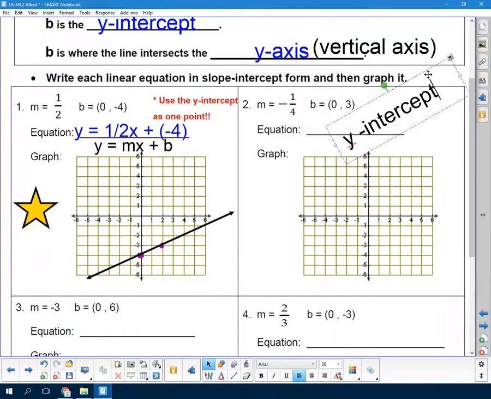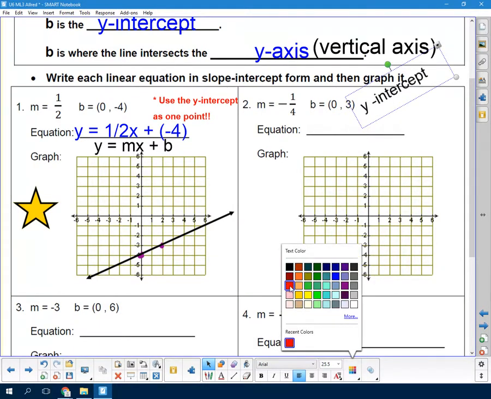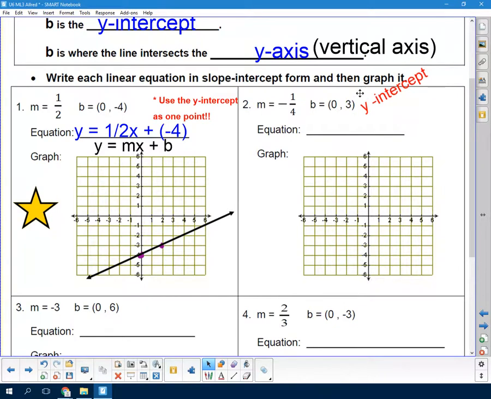I can tell that because it says it on my page, but I also can tell that because I have a good math teacher, and he told me that the y-axis is the vertical one. So I can look here at 0, 3, and I can draw my first point. Based off that, I'm going to draw a point right here at 0, 3.